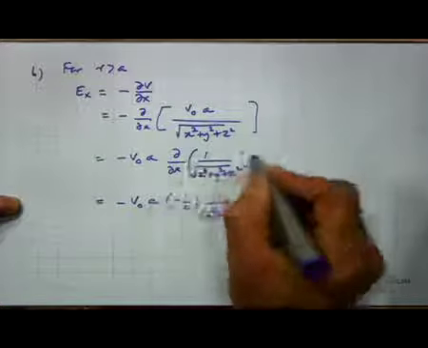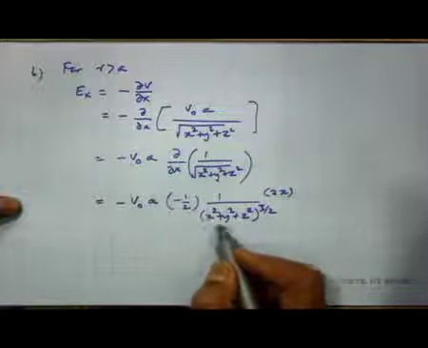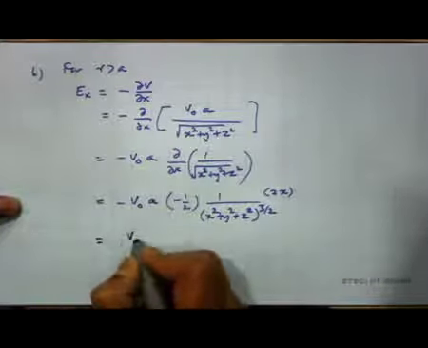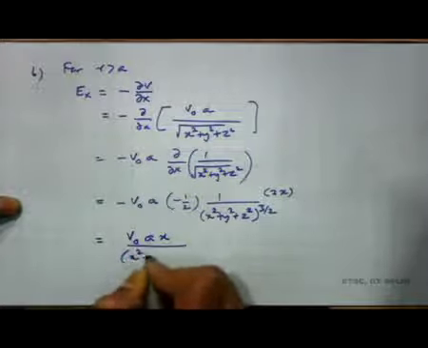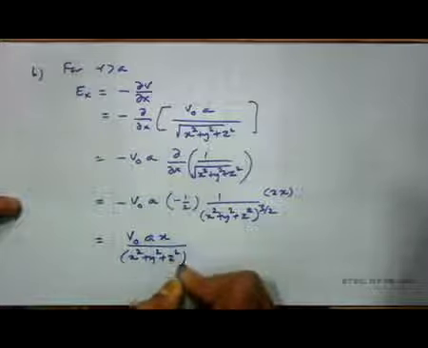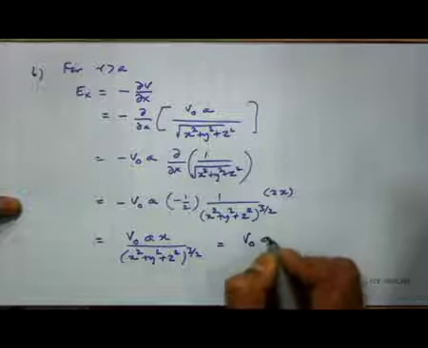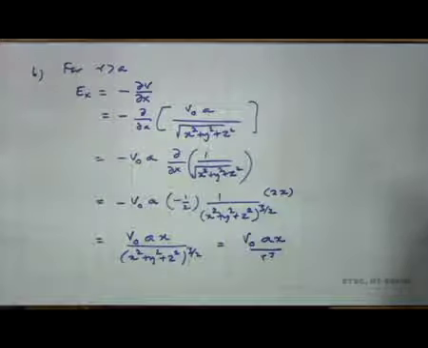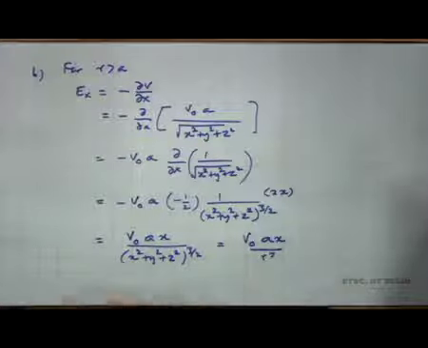Differentiating this with respect to x gives me minus half divided by x square plus y square plus z square raised to 3 by 2 into 2x, and this is nothing but V naught a x by x square plus y square plus z square raised to power 3 by 2, which is nothing but V naught a x by r cube. R is square root of x square plus y square plus z square, so this is nothing but r cube. So, E x happens to be V naught a x by r cube.